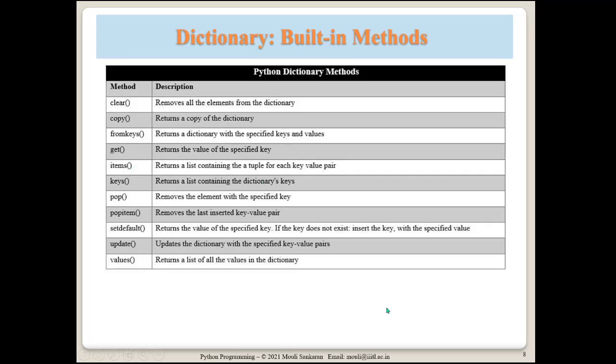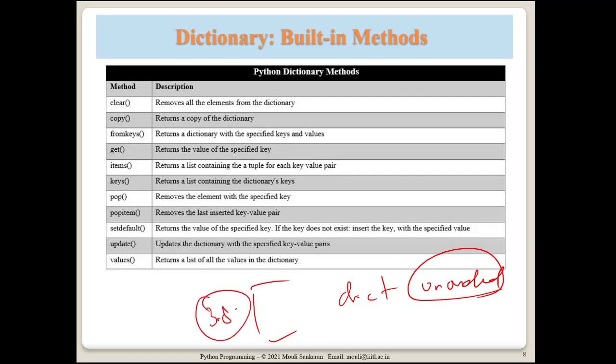And one more thing, I mentioned that the dictionary is unordered, right? Let me change that a little bit now. The current dictionaries, in 3.8 and above, are ordered dictionaries. They try to maintain the order in which you are adding into the dictionary.